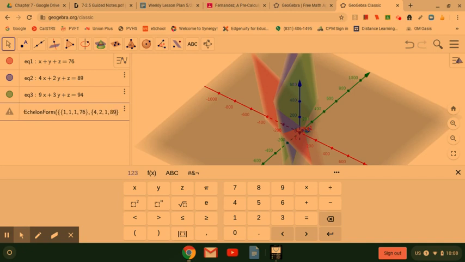It closes the curly bracket for me, comma, because I'm separating the different rows. Open curly bracket, 9, 3, 1, 94, close curly bracket. And then we have to close it again because we're encompassing all of the matrices. And then we have to erase this generic matrix, so that you don't forget to put a matrix in there in the proper form.